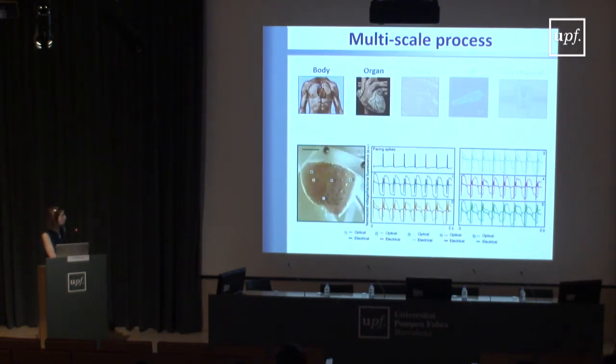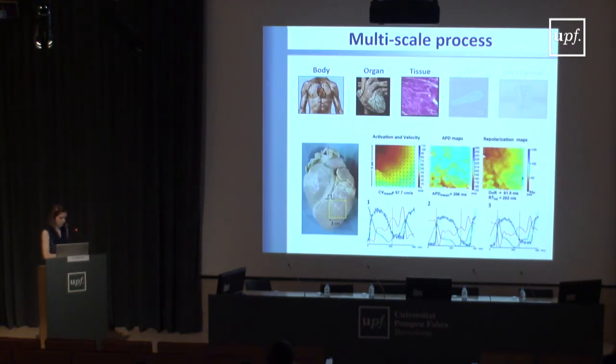We can go to the level of the heart, as here, and we can measure the activity by electrodes on the surface of the heart. We would have those called electrograms. And over here, in this picture, we have an animal heart, and we can measure different signals that we plot here, showing the electrical response of the heart.